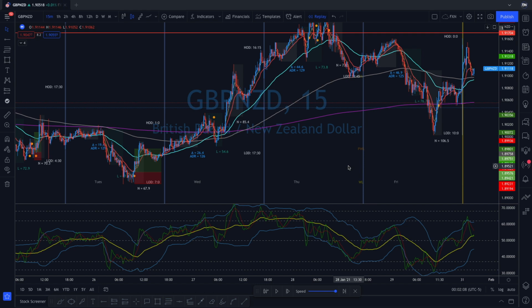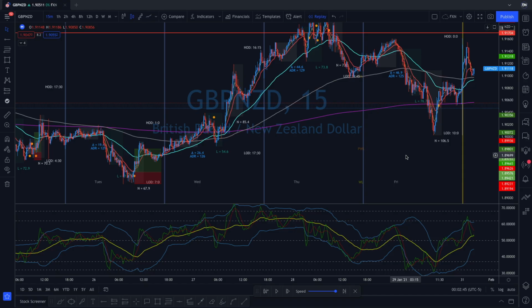You're also going to have to be very patient to wait for the right setup. As you're doing the back testing, you're going to know what setups you like throughout the New York session and what setups you don't. It's kind of the same thing with London. But as you go through the pairs, you're obviously going to find yourself attracted to certain pairs if you're trading specifically the US session.